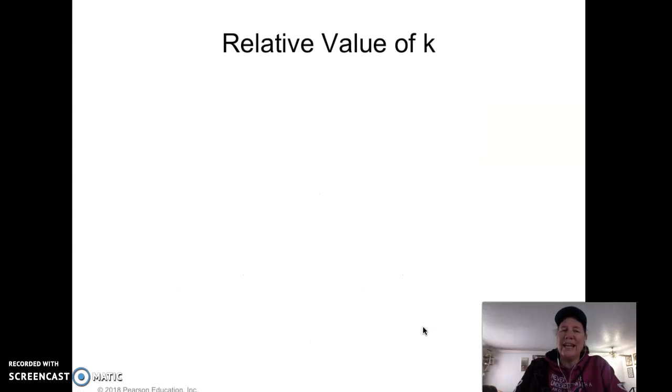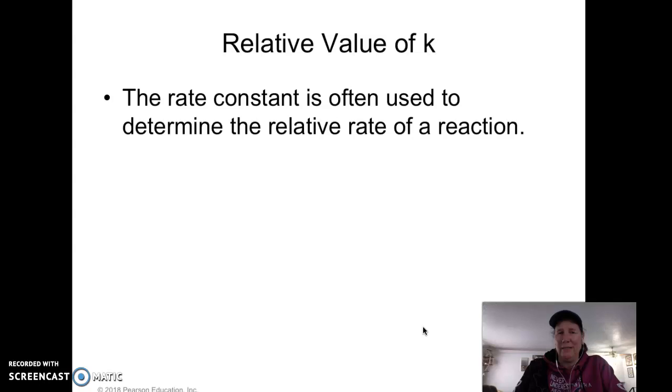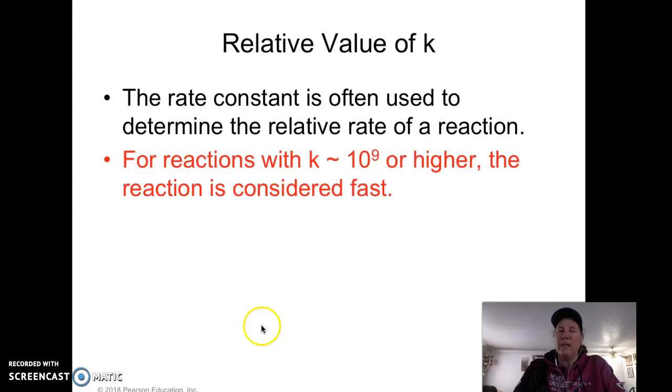Okay, so when you're looking at K, that's the rate constant, what does it mean? It's often used to determine a relative rate of a reaction. If K is on the order of 10 to the 9th or higher, so if it was like 1.2 times 10 to the 9th, this would be a super, super fast reaction.